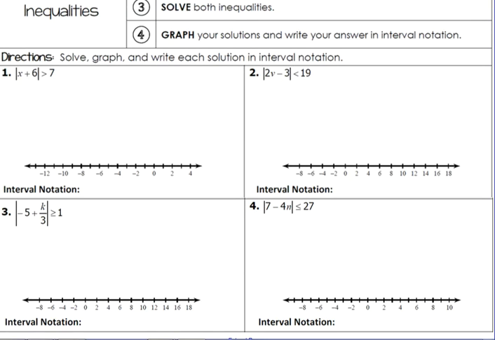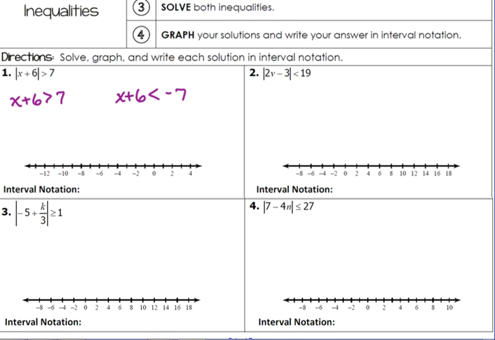We need to create our two cases. So, with our two cases, we're going to keep everything the same for one of the cases. Everything stays the same. For the other case, you keep what's inside the absolute value. You switch your inequality sign, and you switch the number on the other side of the inequality, or you switch the sign.